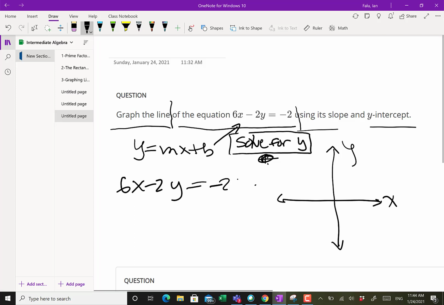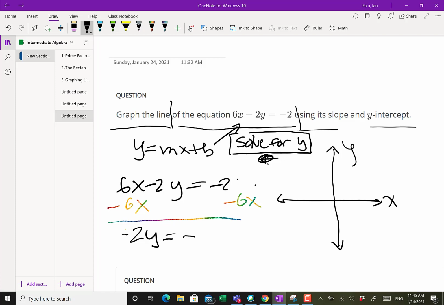So I need to pass 6x to the right side. So that will leave me with minus 2y is equal to minus 6x minus 2.